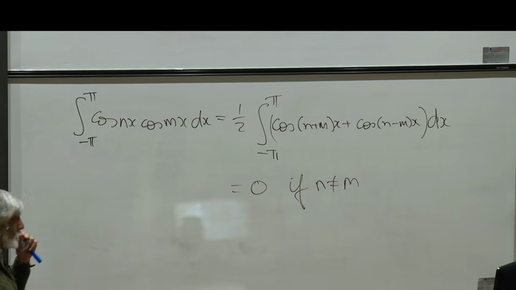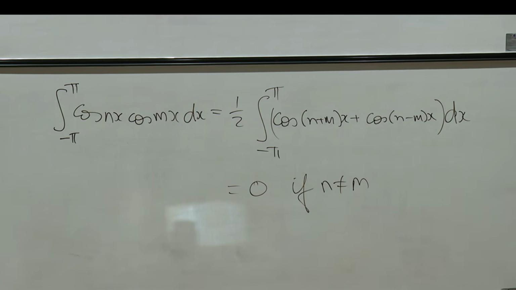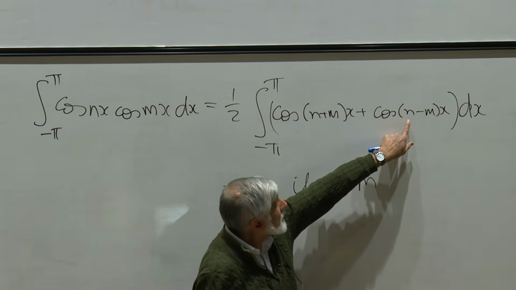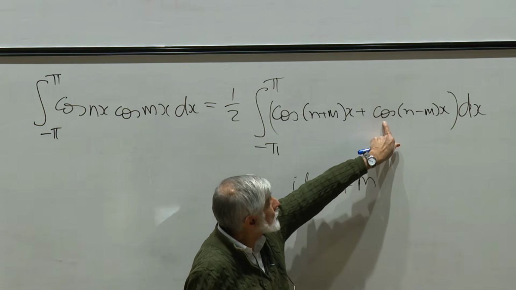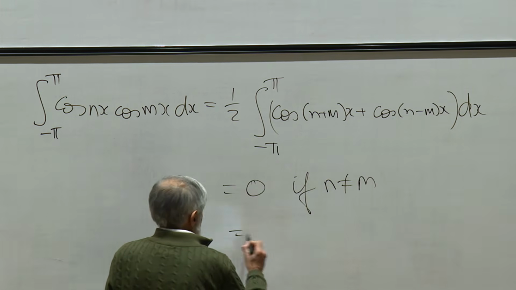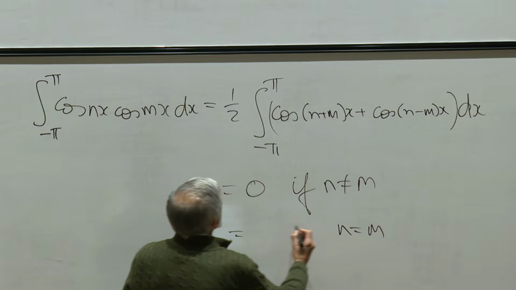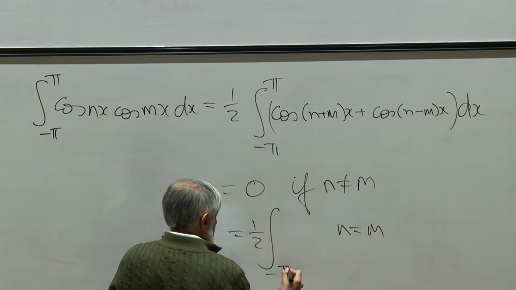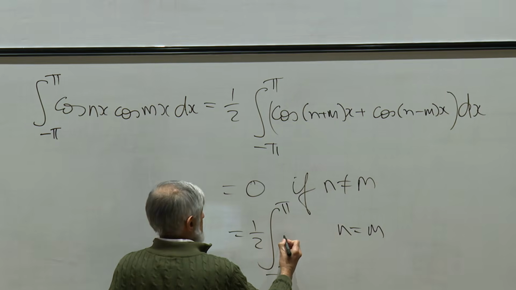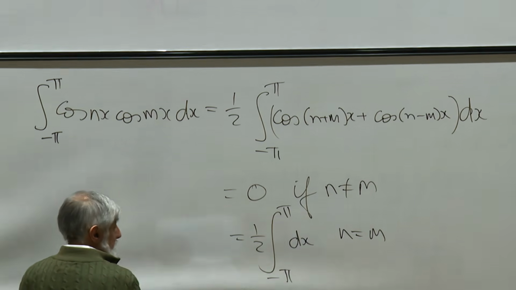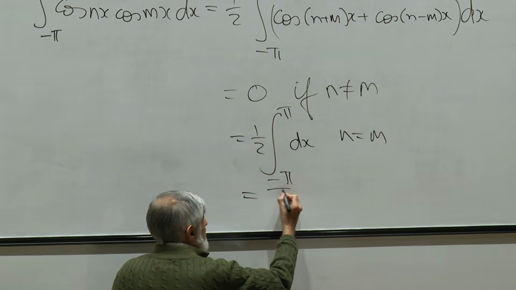Why do we take out the case n not equal to m? Well, if n is equal to m, this is 1. So if n is equal to m, this is equal to half the integral, that one's still 0, from minus pi to pi of dx, and that's equal to pi.